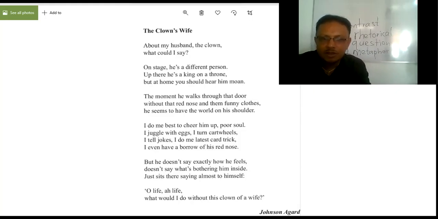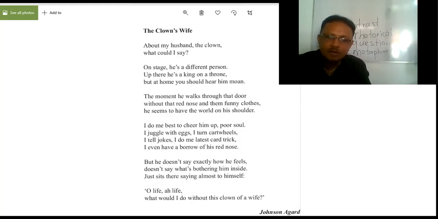Then you can see some other rhyming words as well: feels, himself, then life, wife, but it's not regular. So an irregular rhyming pattern is used. Also, the writer presents a strong social observation through the presentation of the poem. Then you can see some visual images are created.